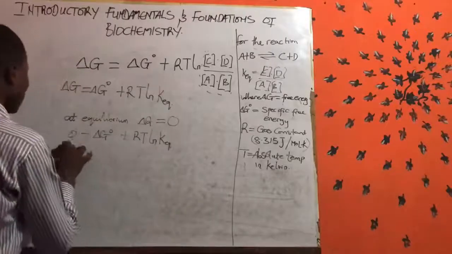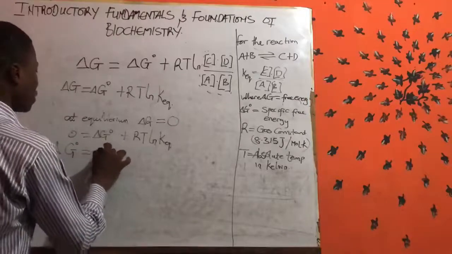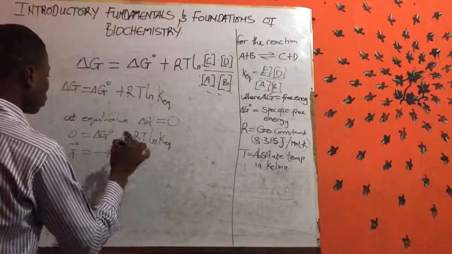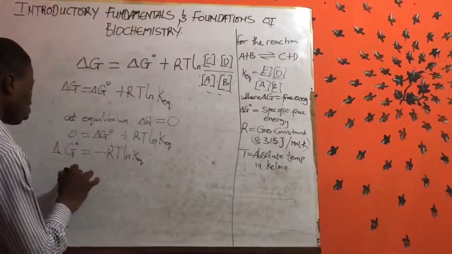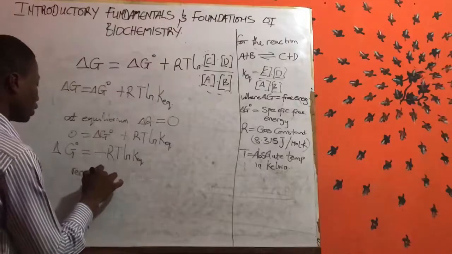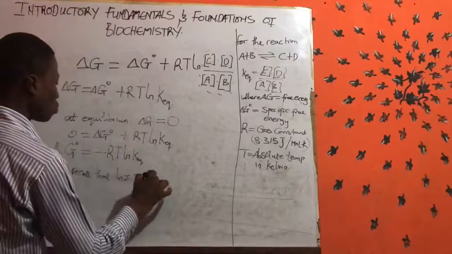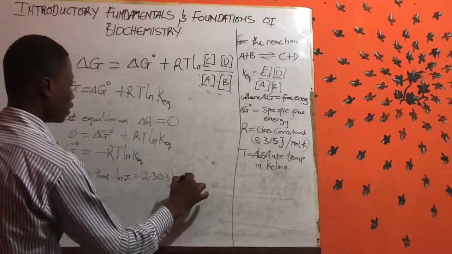Then I can say my delta G naught equals negative RT ln K. Now you recall that ln x equals 2.303 log to base 10 of x.